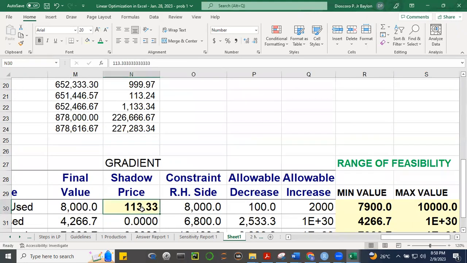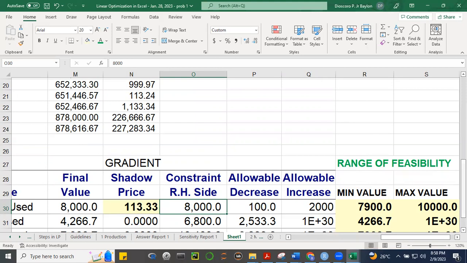Kasi ito per unit, no? Per unit change in your constraint. Okay? Clear yung task? Pag nag-increase o nag-decrease, ito yung change. Pag nag-increase, syempre, plus. Pag nag-decrease, ito yung mababawas per unit.